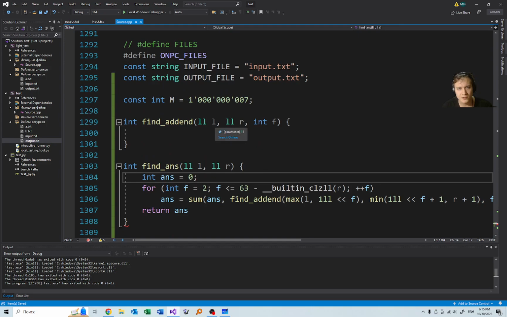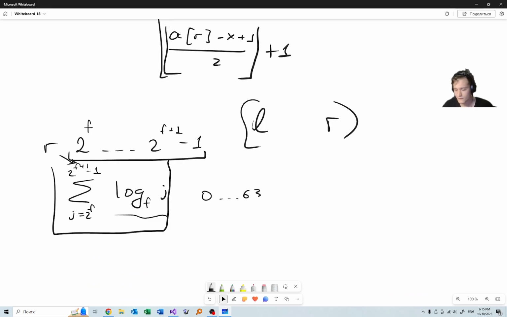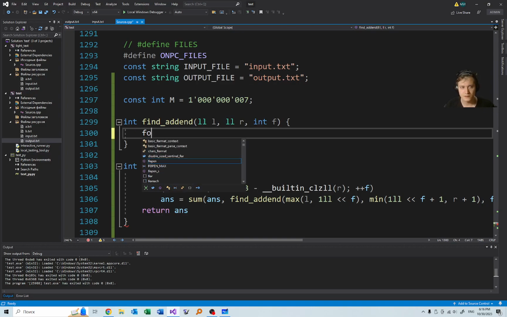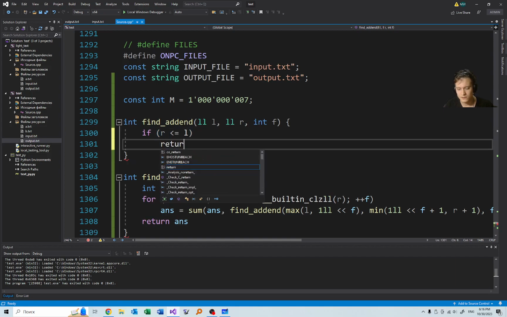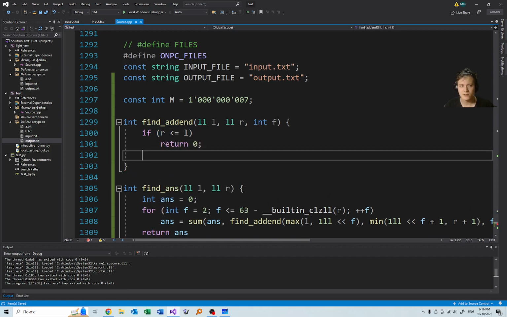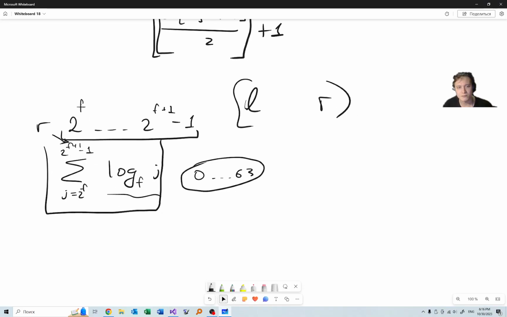Great, so here we just need to write this function. And I think we can iterate again through these numbers. So like, first of all, if R is at most L, we return 0. So let's assume that we have at least one number.